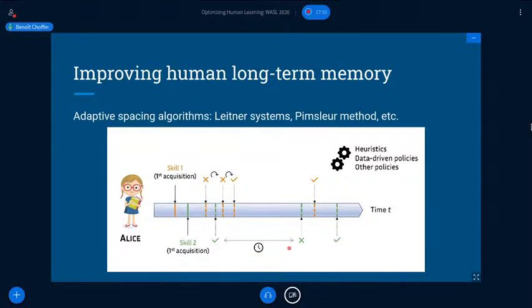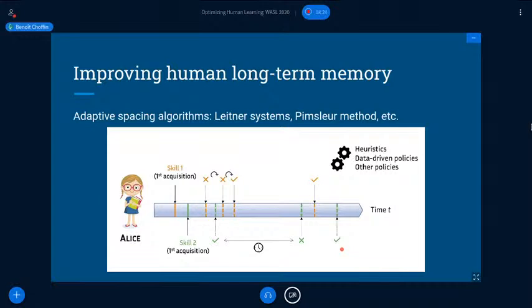So to test that, the adaptive spacing algorithm will let some time pass, and then make Alice review this item, or self-test her on it, at this time. But here she fails to remember it. So then there is a second repetition here, and she finds the correct answer. And so this is the basic sketch of how adaptive spacing algorithms work.